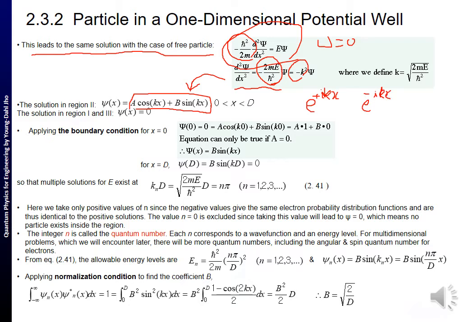There should be weighting factor or some constant like this. This A and B, they don't need to be the same, so it might be different. So we'll rather choose this one or this one. In this class, in many cases we will rather use cosine and sine functions instead of this one.